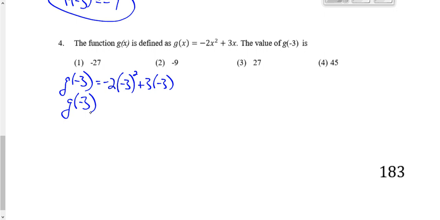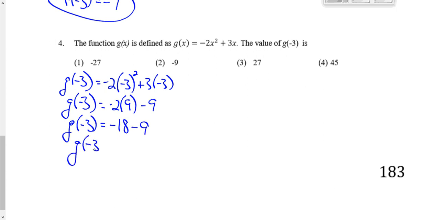It's negative 27. So this would be negative 2 times 9, minus 9, right? So g of negative 3 equals what? Negative 18 minus 9. And what is that? Negative 27.